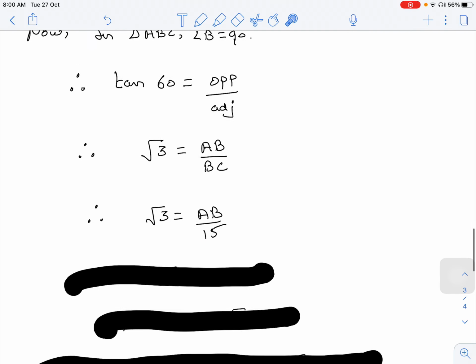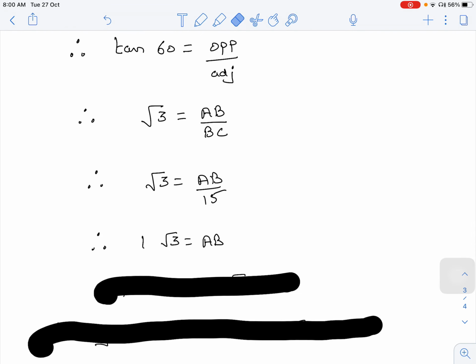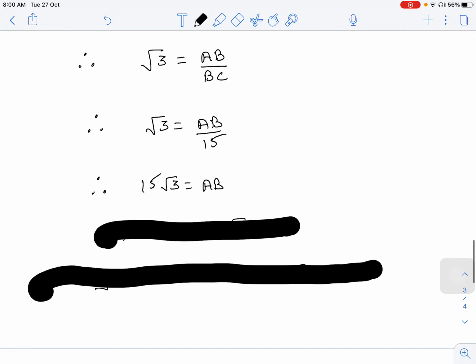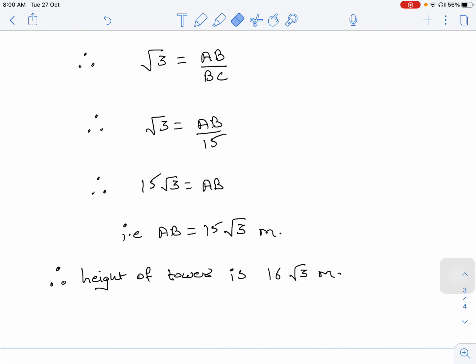If 15 comes on this side, it becomes 15 root 3. So the value of AB is nothing but 15 root 3. AB is the height of the tower, so the final answer is that the height of the tower is 15 root 3.